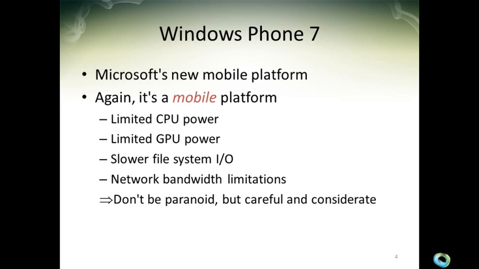I don't want you to be paranoid about this and start to prematurely optimize your games and applications for a mobile platform, which might not be necessary at all. But what I want is that you're always careful and considerate and keep in mind that all of these resources are really limited on the platform.